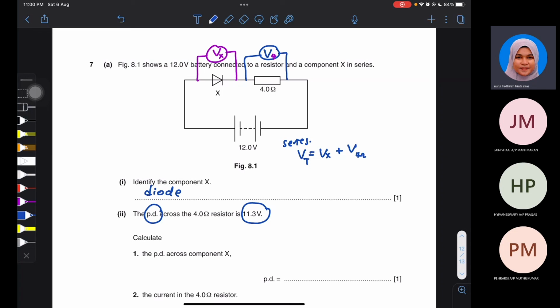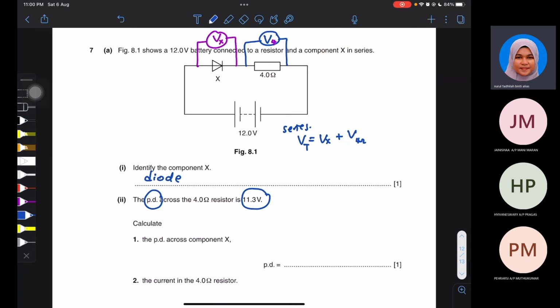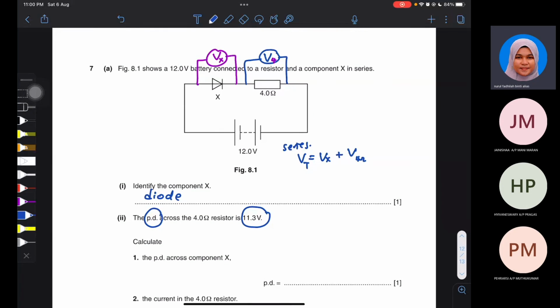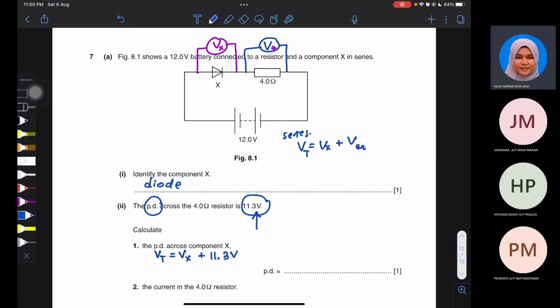You tak payah cari apa-apa sebab dia kata potential difference dekat 4 ohm tu 11.3. Jadi, Vt equals to Vx plus 11.3 volt. Do you know Vt? So Vt is 12. Therefore Vx sama dengan 12 minus 11.3 volt. Dapat berapa?